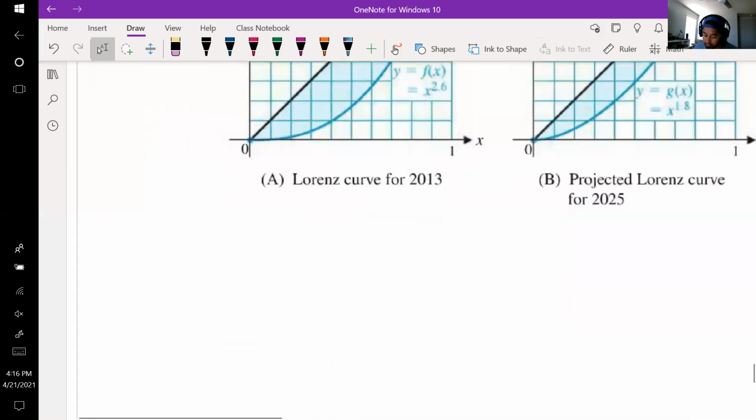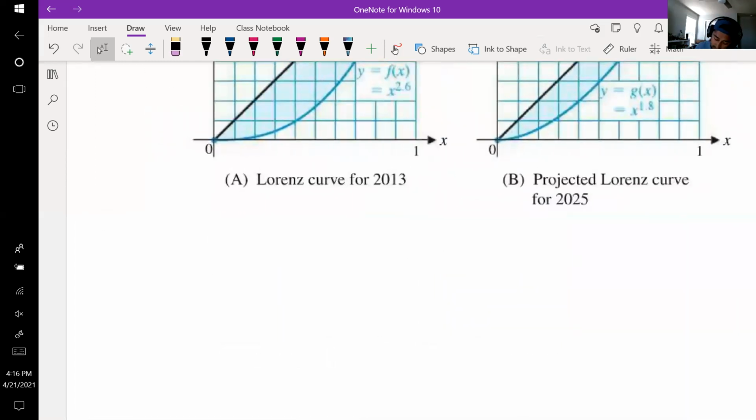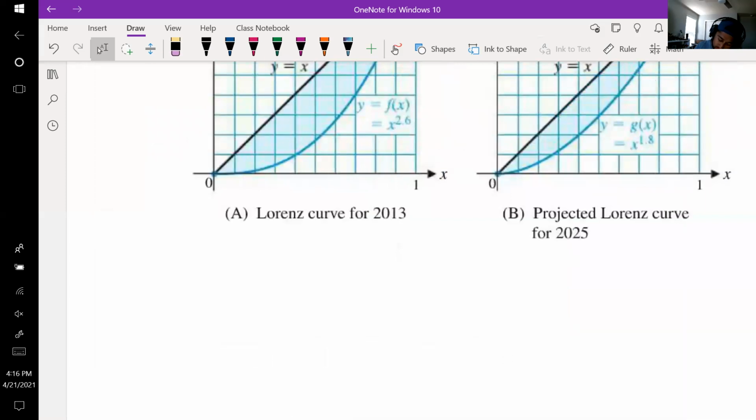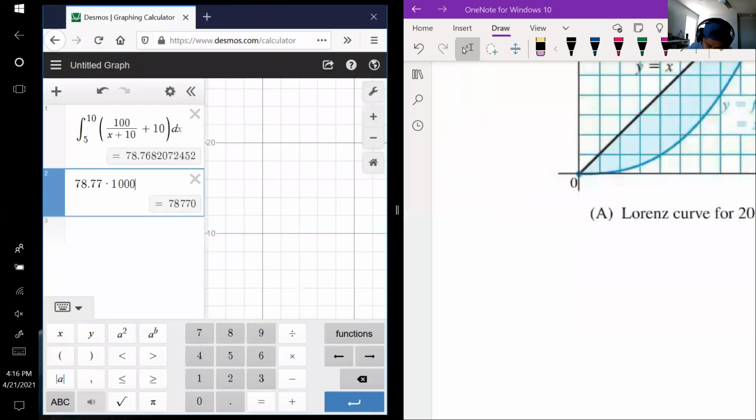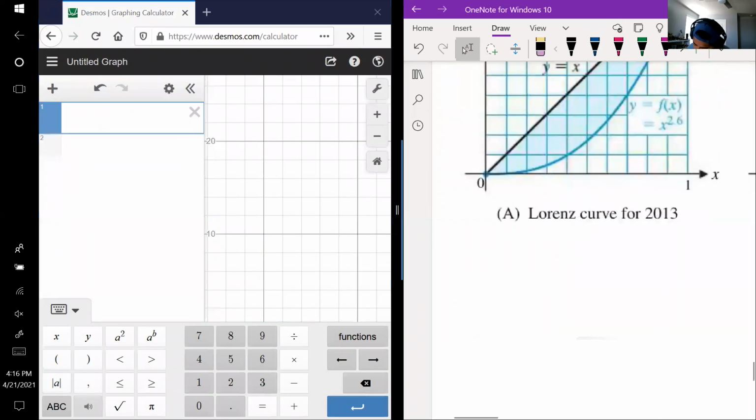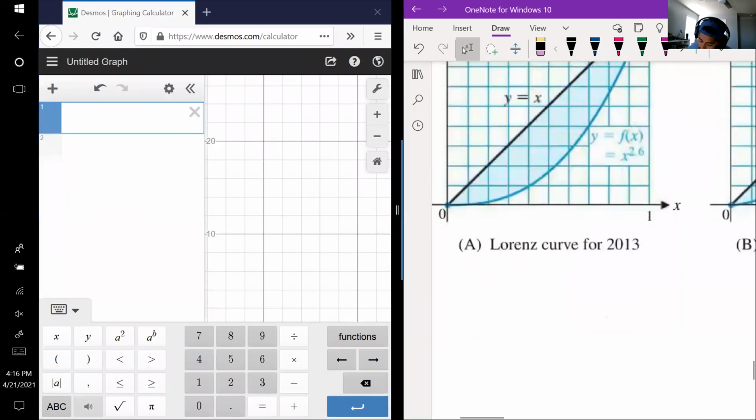All right, so let's go ahead and set this up. Oh yeah, Desmos. Woohoo. Okay. So for A, we're going to do the Gini Index for 2013.